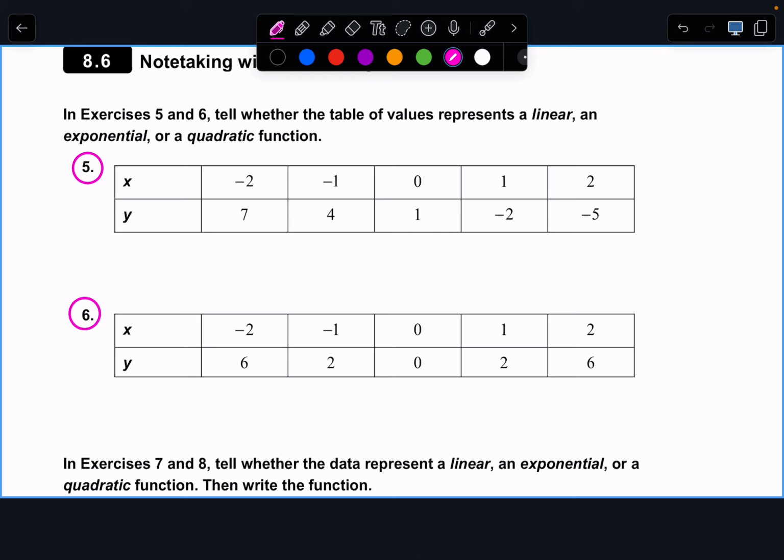Ooh, this one's look at it. Well, don't just look at it. There's a whole vertex there.